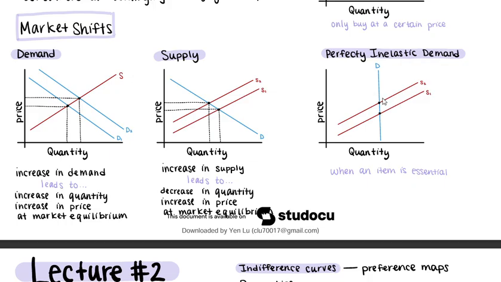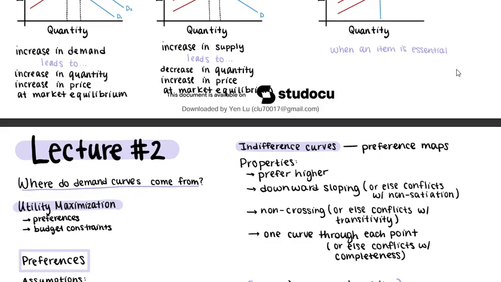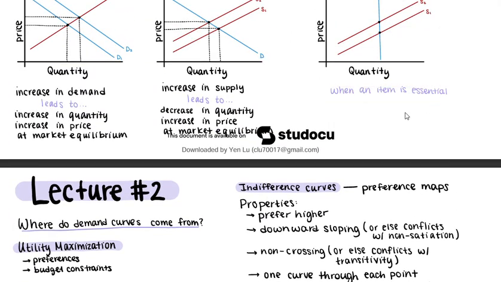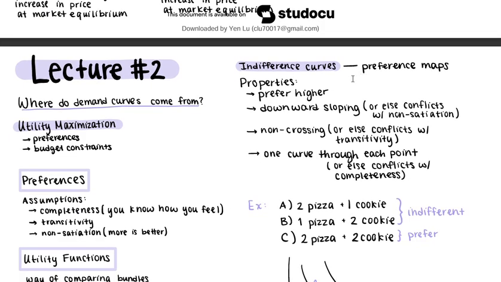Diabetics can't find something to substitute for insulin because it's an essential medicine for them. So in this case, the suppliers can set a higher price and diabetics have to buy it, or they are going to die. So that is perfectly inelastic demand. When an item is essential, you can't easily find a substitution.